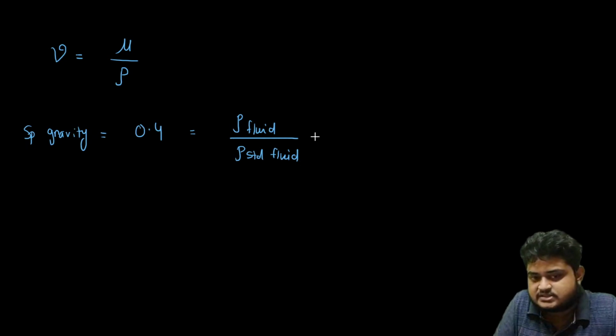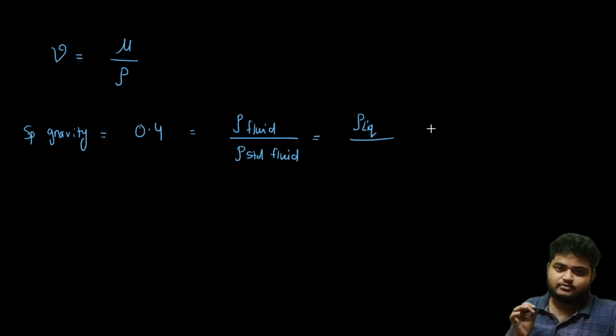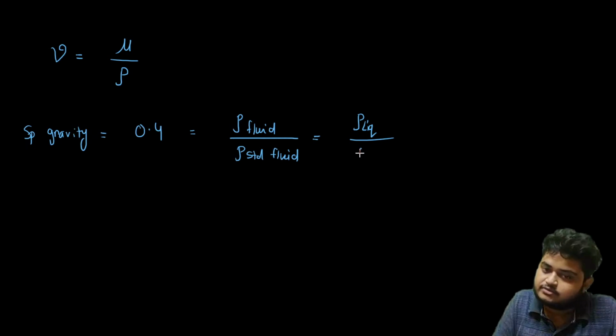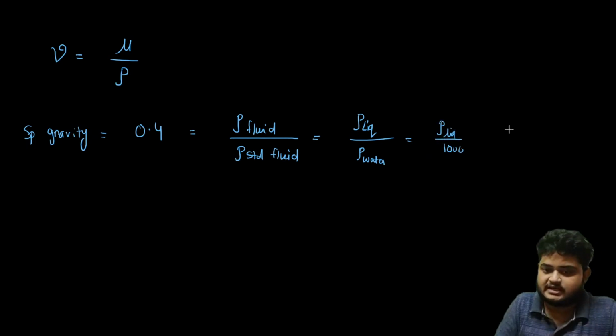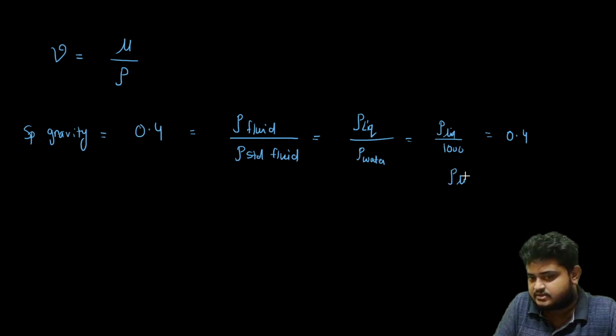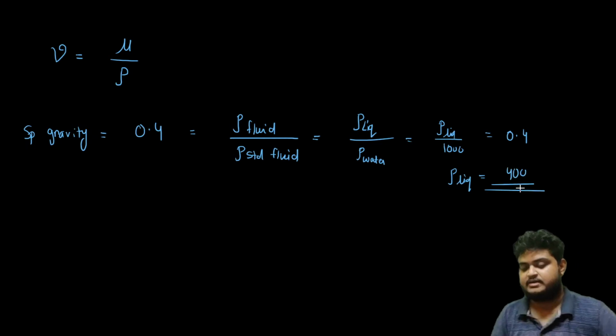Okay, so let us suppose that it is a liquid. Our liquid has a rho which we have to calculate, but we know the rho of the standard liquid, that is water. So rho of our liquid upon 1000 equals 0.4. So we get rho liquid is 400.